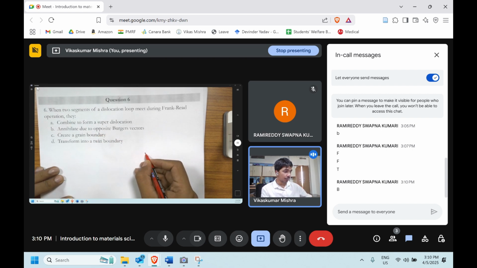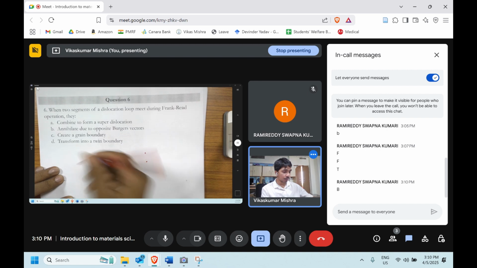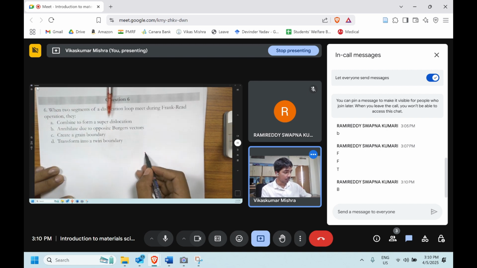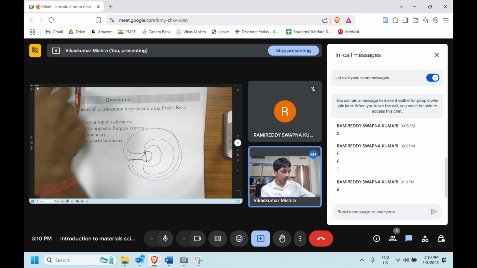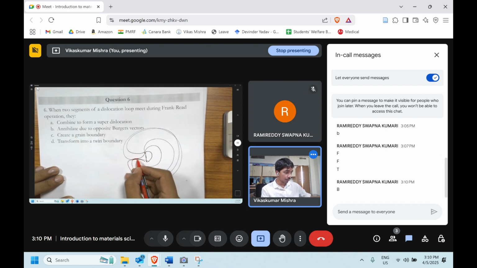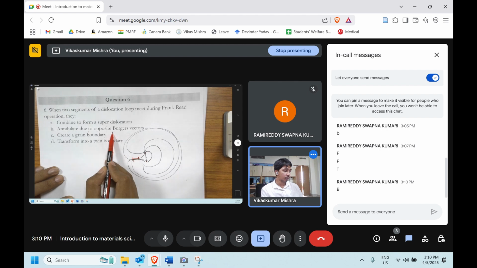So this was a Frank-Read source. A dislocation is created in this. Now it's moving ahead, moving ahead, and then again it will move something like this. Then it will move something like this. So we're talking about this part. What will happen? They will annihilate due to the opposite Burgers vector.